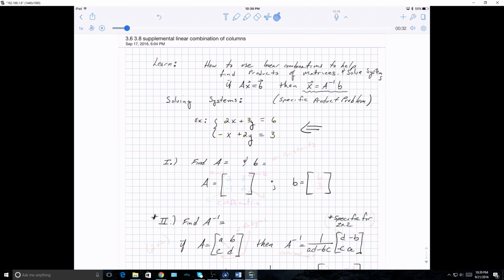What we have to do is identify what we call the coefficient matrix. And all that is just all of the values that are coefficients to the variables. So in the first one, it's a 2, then it's a 3, then it's a -1, then it's a 2.